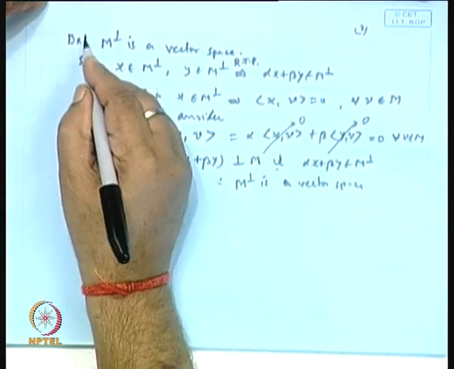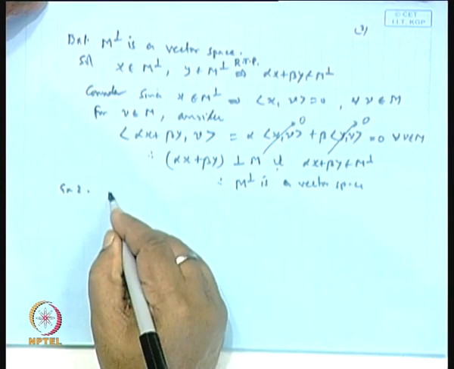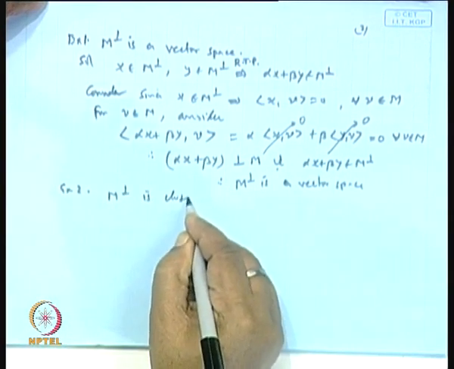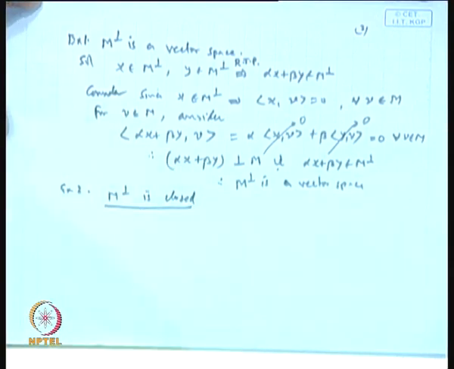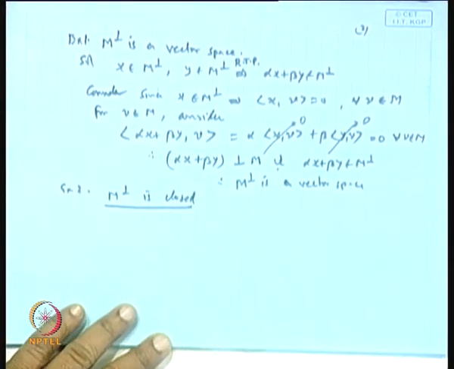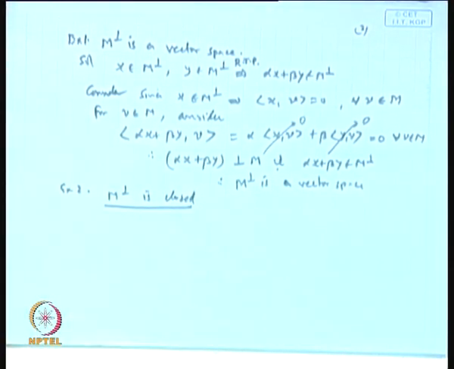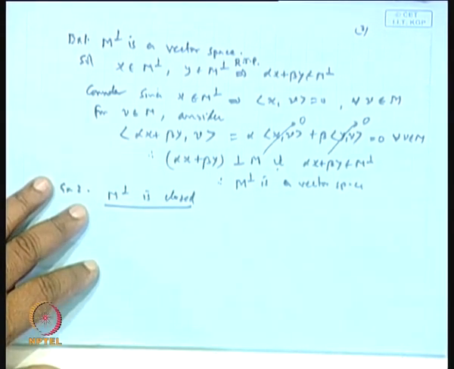Clear? And not only is it a vector space, M perpendicular is also closed. It is a closed subspace of, say, H, whatever space M belongs to. Why is it closed? It means all the limit points of a sequence in M perpendicular will be points of M perpendicular. So, if we take any sequence x n which is in M perpendicular, the limit point has to be in M perpendicular if it is closed.